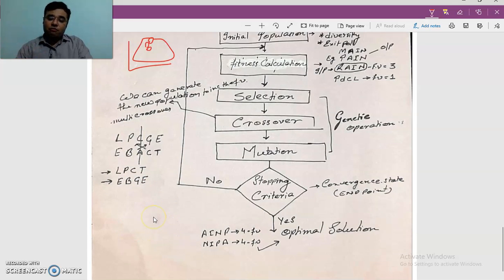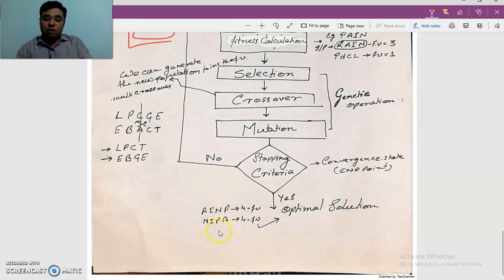Again we go through the process of comparison. So this time, after doing mutation and several iterations, we actually got this value. After multiple forms of mutation, we got the final value, which is AINP.